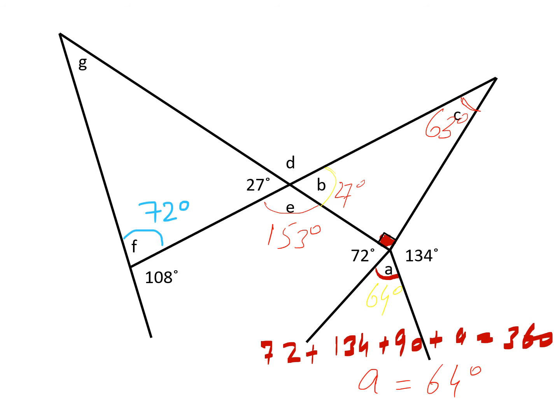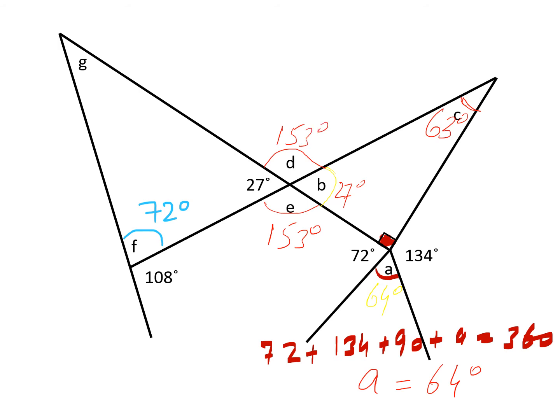So we solved for c also. Now who can quickly write the answer for this one? This is 153. Since again these two lines are intersecting and vertically opposite to each other, these angles are equal, so this is also 153.